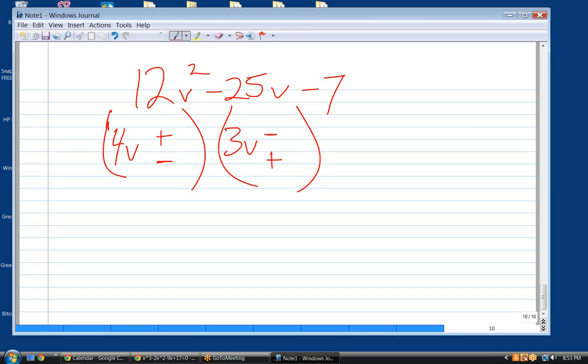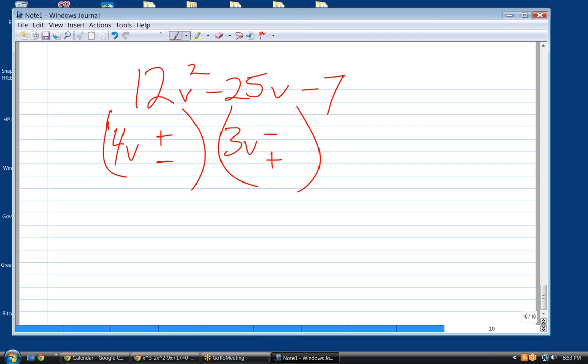Hold on a second. But if those coefficients are different, then a plus minus is not going to yield the same results as a minus plus. So we have to allow for both.